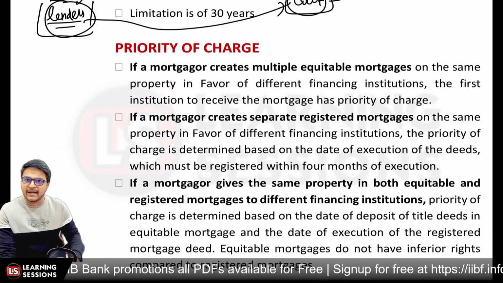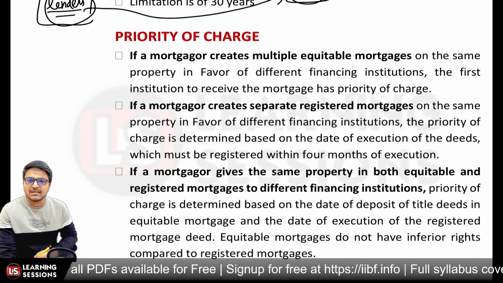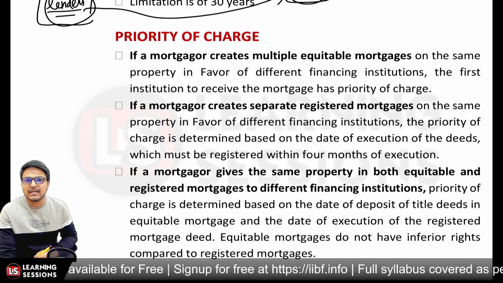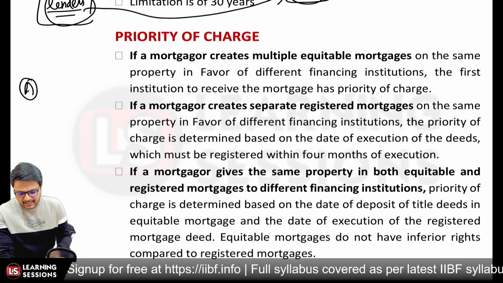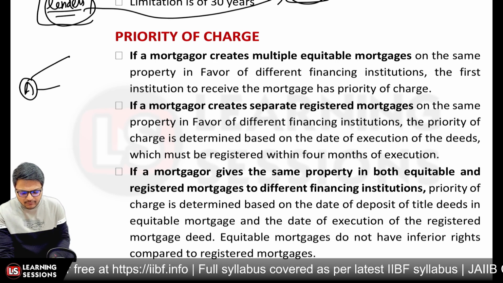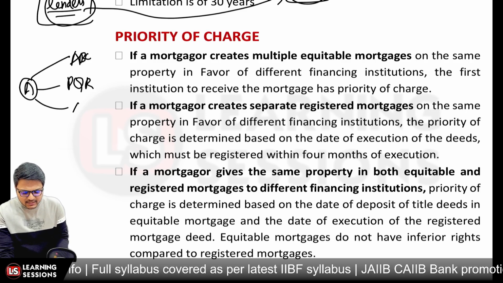Further, it's related to priority of charge. Now there are multiple scenarios. It may be the case that the mortgager creates multiple equitable mortgages. Let's say mortgager A has a property and multiple equitable mortgages are created against different banks, ABC bank, PQR bank and XYZ bank.